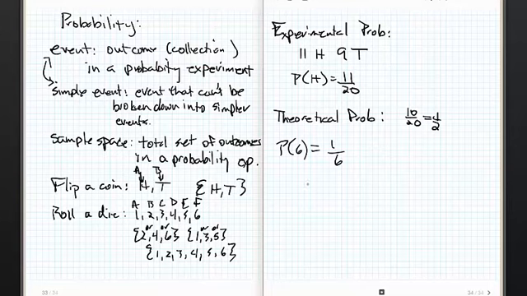Okay? So the way that we figure out theoretical probability is very simple. The probability of an event, I could write this as E, I can write it as A, I don't really care.